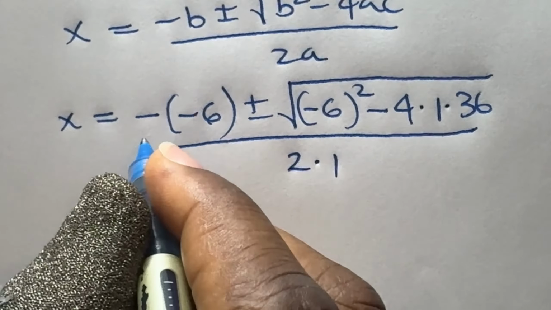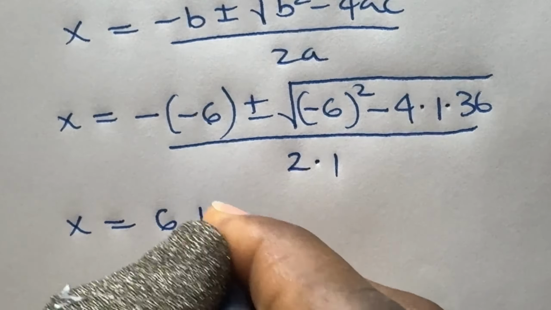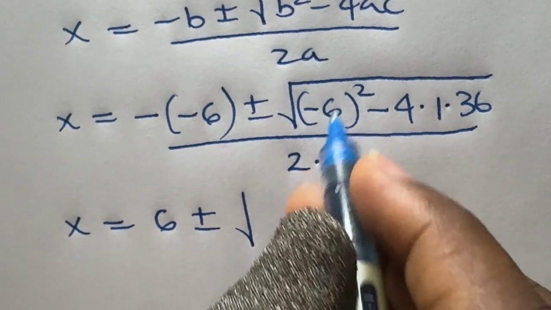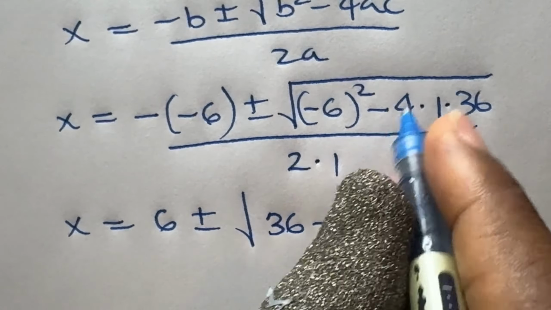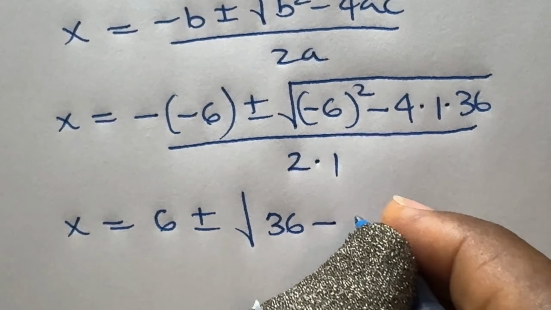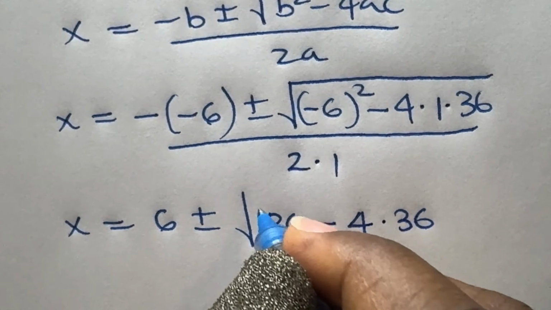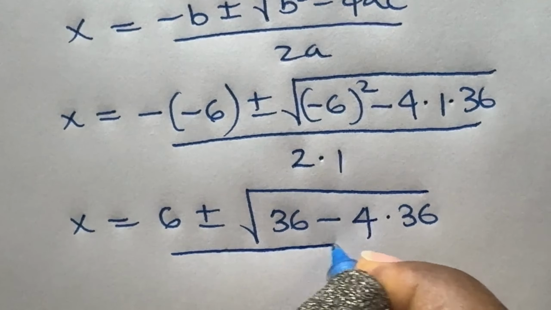x is equal to minus times minus is plus, so we have 6, then plus or minus square root of minus 6 squared here will give us 36, then minus 4 times 1 times 36, then divided by 2.